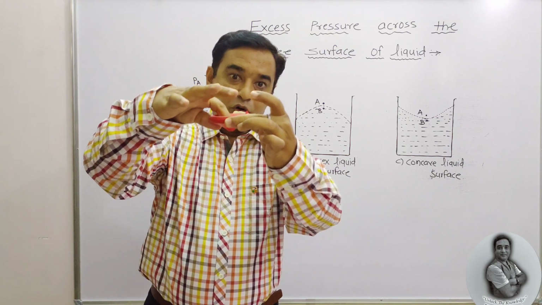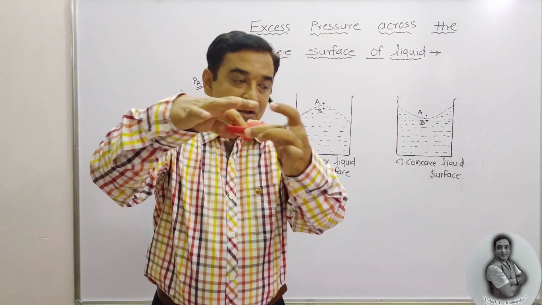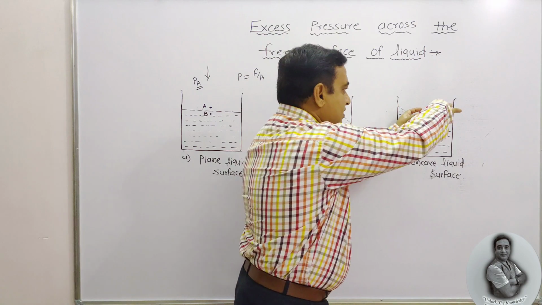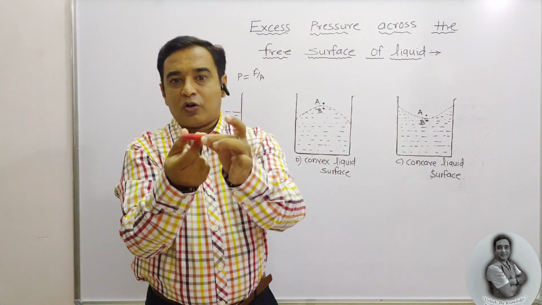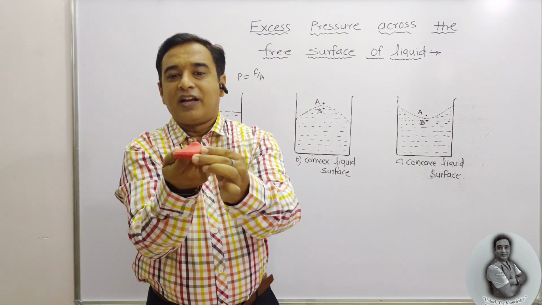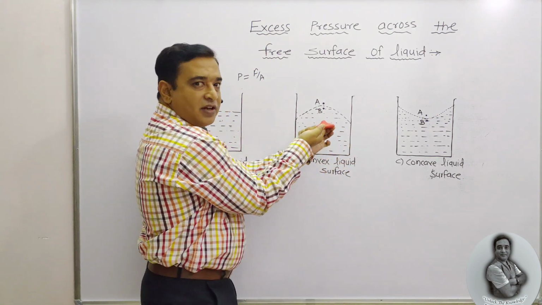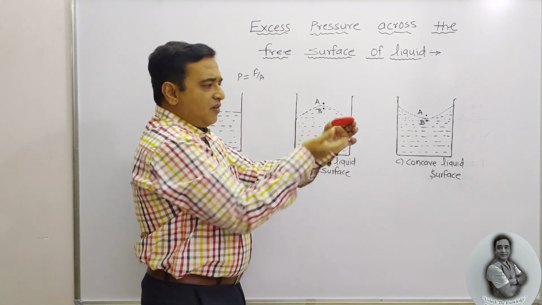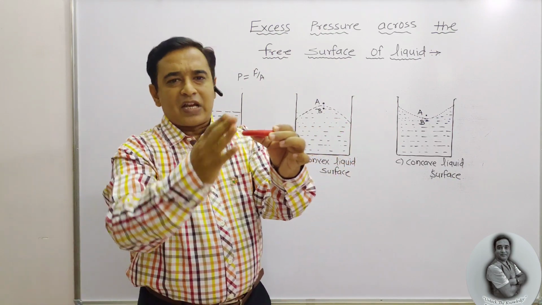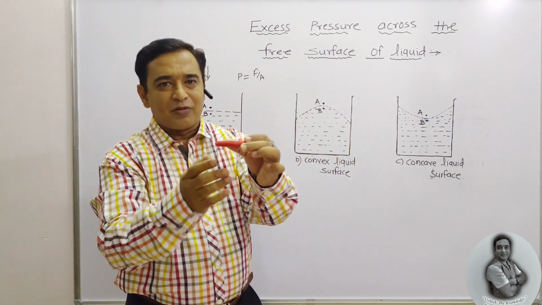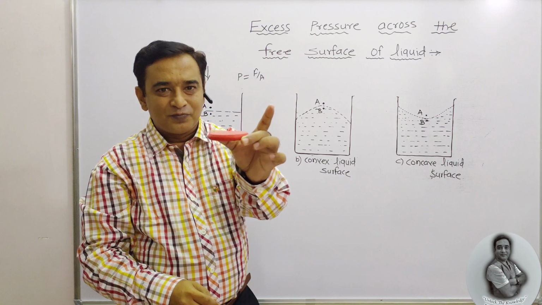The shape is concave, just like this. If the lower force is greater, it is convex, just like this. If the pressures from both sides are equal, it is a plane now.